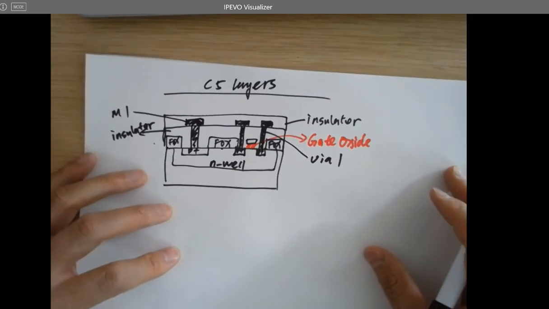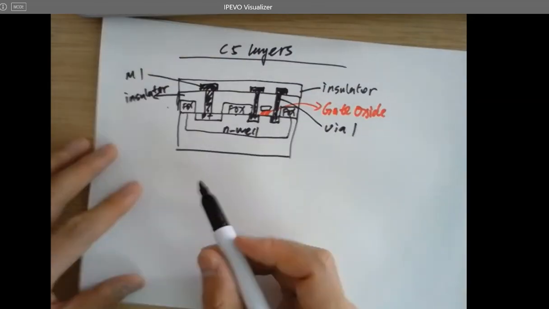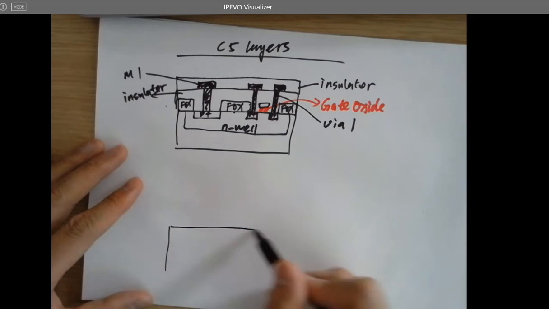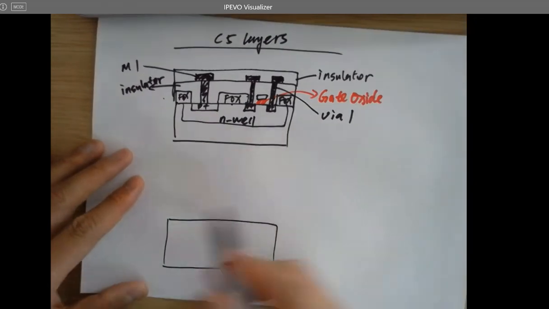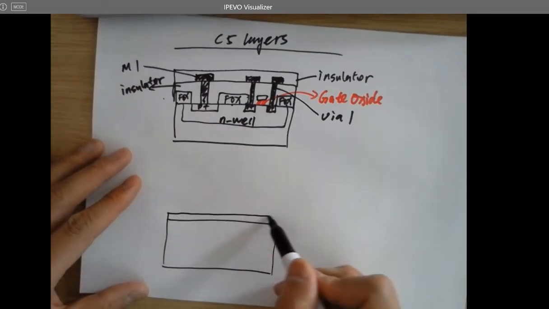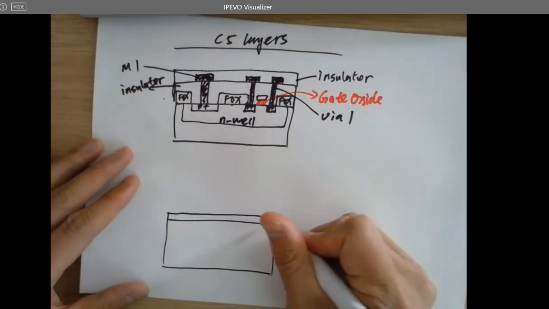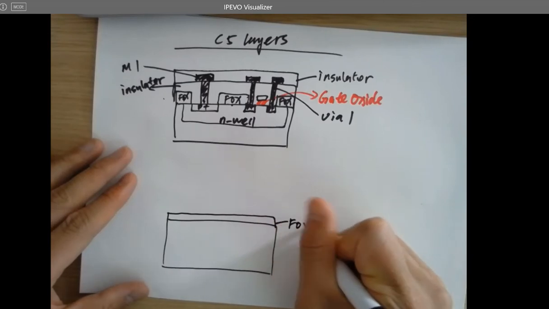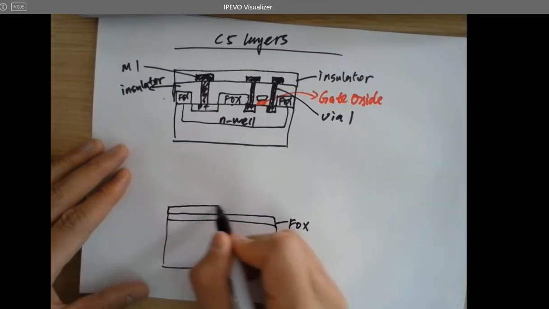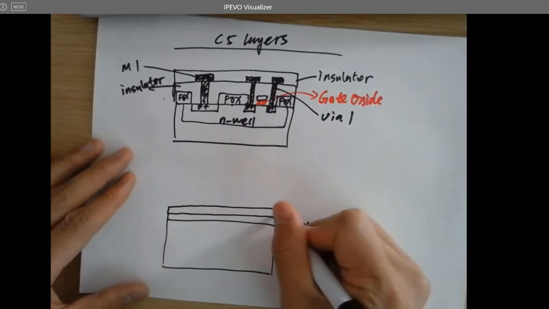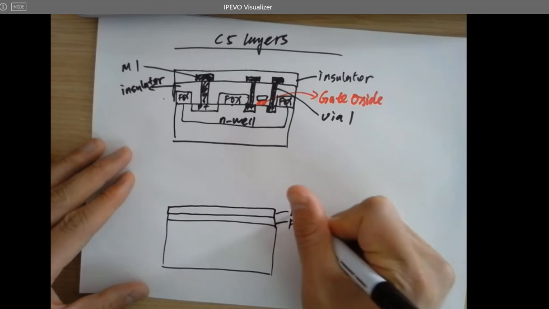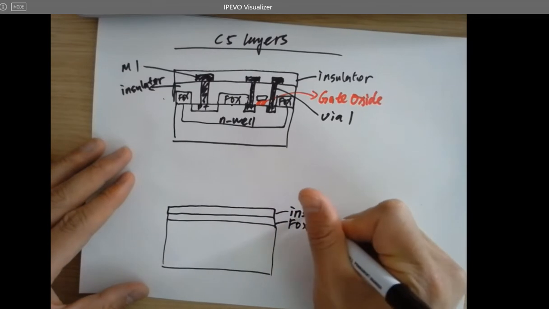All right. So I have drawn all the layers without having any transistors doped in the P sub. These are all the layers available for the C5 technology. So that's Fox. That's poly. Insulator, but has the poly layers in there.